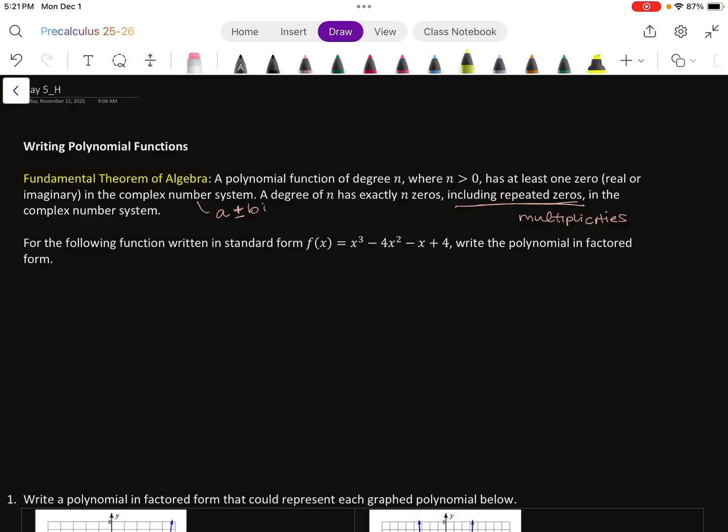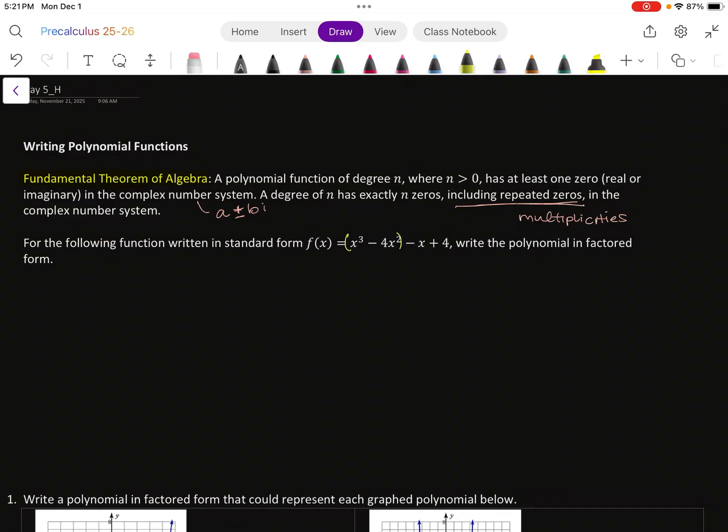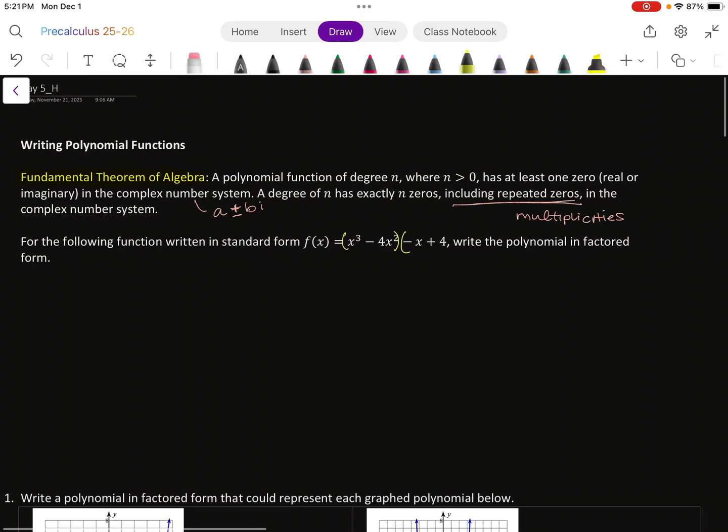How do we factor this four-term polynomial? Grouping's probably a great idea. So we're going to group these, and we have x squared, x minus 4, and then a negative 1 is going to come out, and we have x minus 4 left on the inside. We consistently keep this f of x here because we are just writing the polynomial function in factored form.